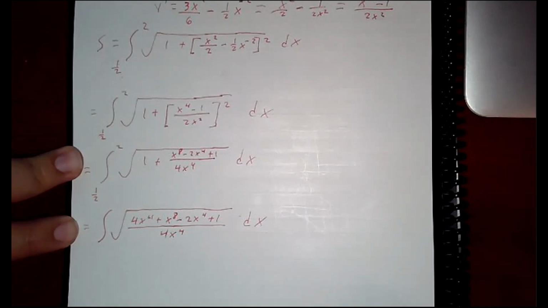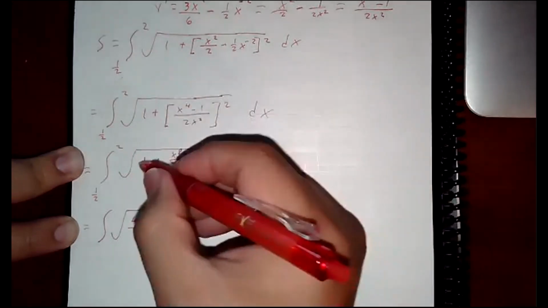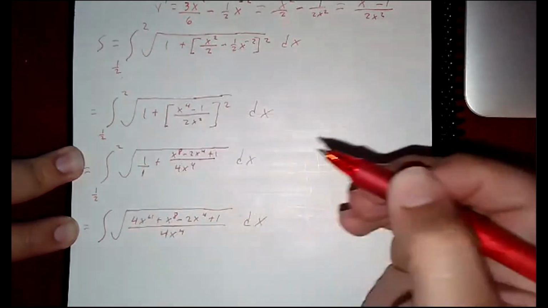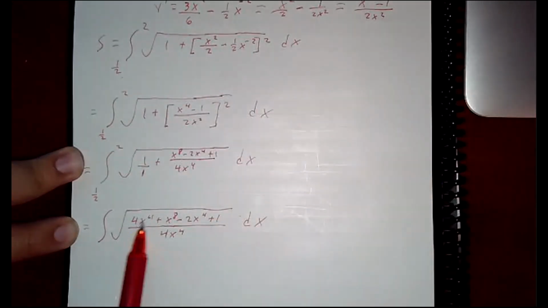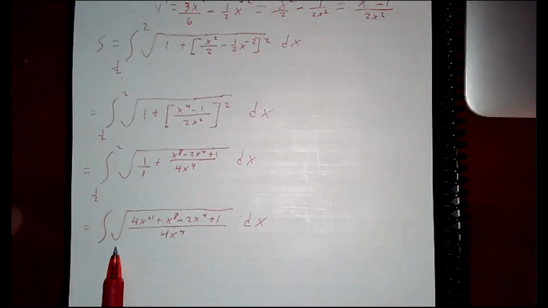The denominator is 4x^4, so multiply 1 over 1 by x^4 over x^4. Then we can combine the two fractions. Once you do that, we need to factor and see if we can cancel the root. Once the root's gone, integration will be easy, right? But right now, the integration is still too difficult.